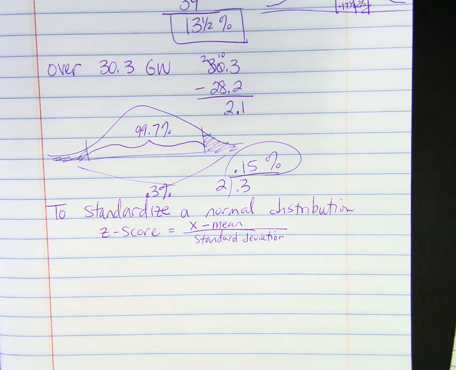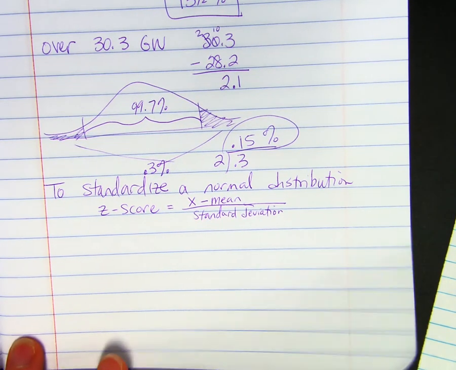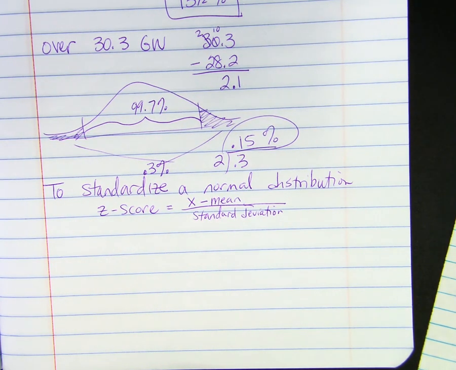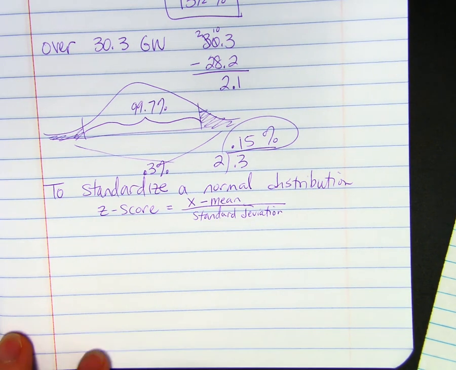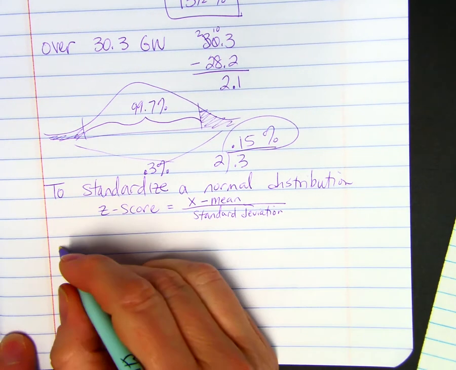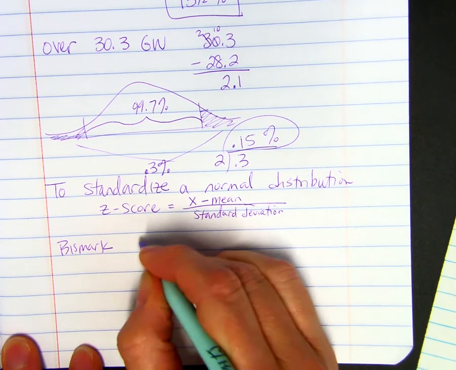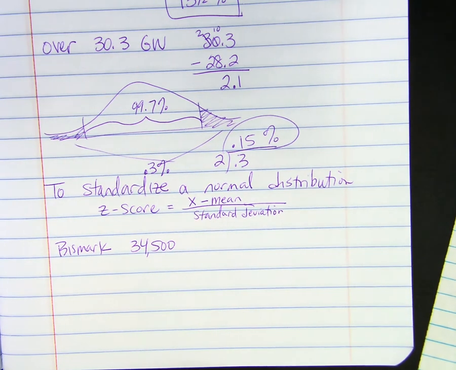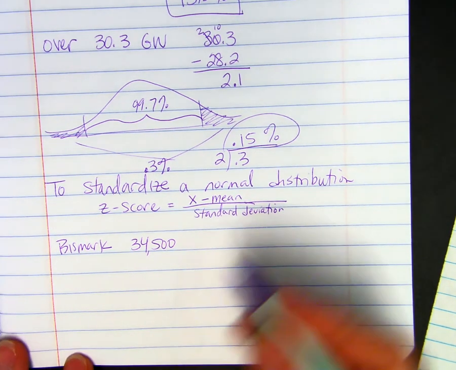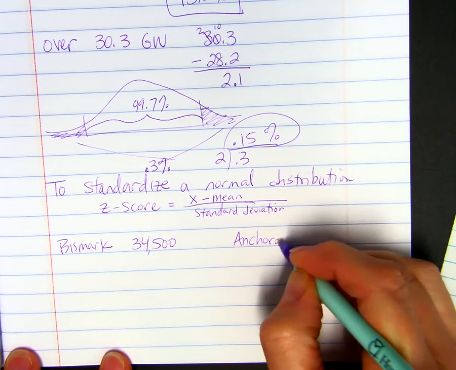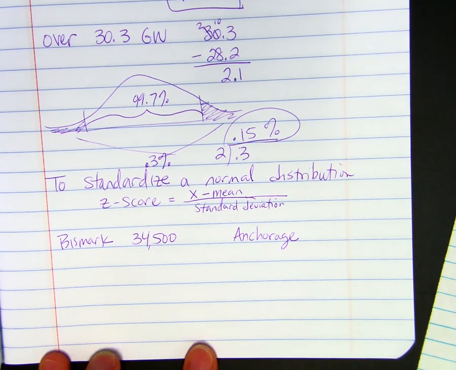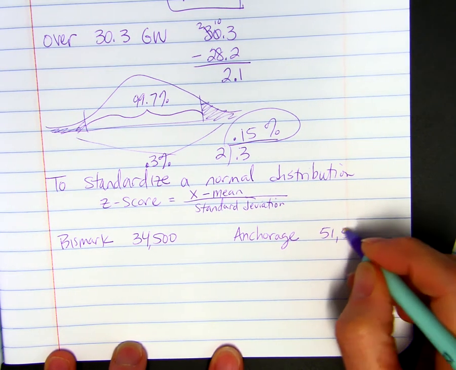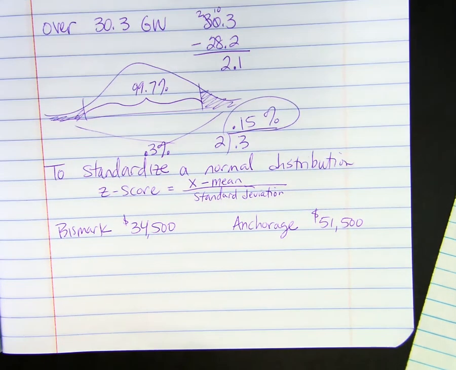So I want to do an example. This is super cool because you could use this in real life. So here's a person who was offered a job in Bismarck, North Dakota for $34,500. And then they got a job offer in Anchorage, Alaska, paying $51,500. And we want to know, which one would you take?